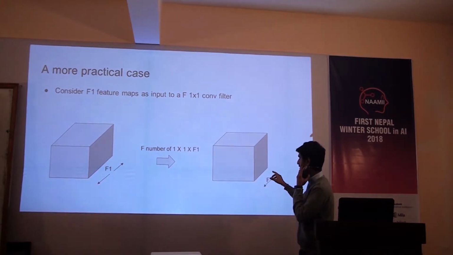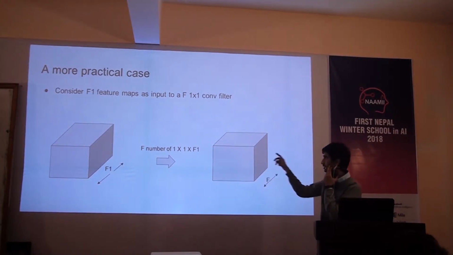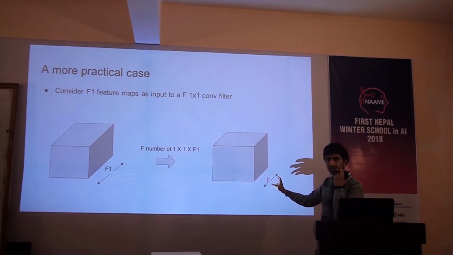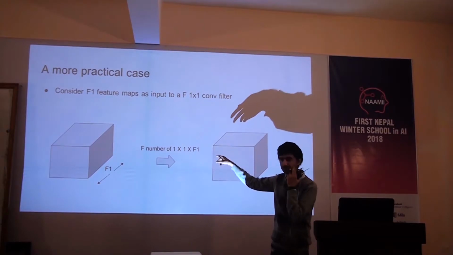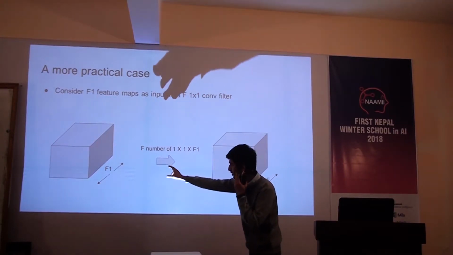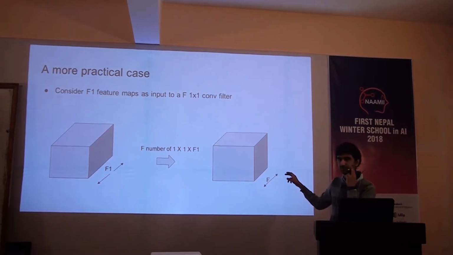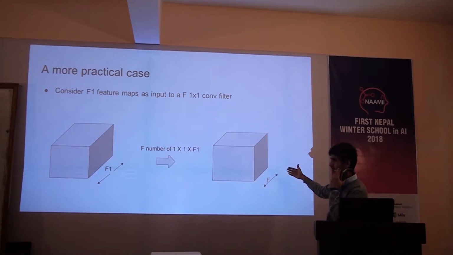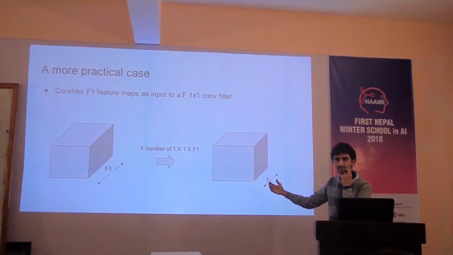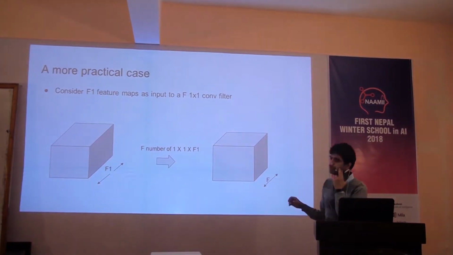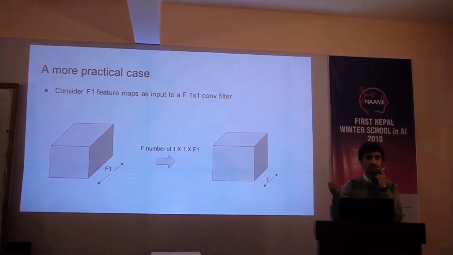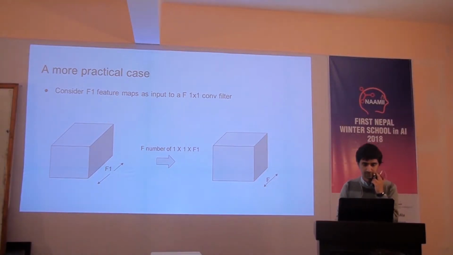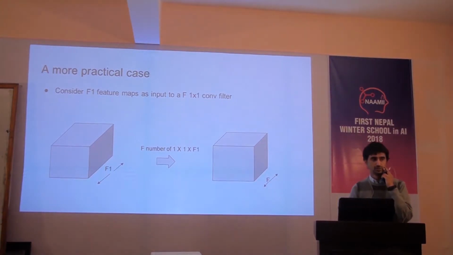Then the size in the output will be F, and the spatial size remains the same. So what it does is it changes the dimension of your input when you apply one-by-one convolutions. That's the whole point. You want to change dimensions, go to higher dimension or lower dimension, and look for representation. When we did PCA before, we were looking for representation in a lower dimension.